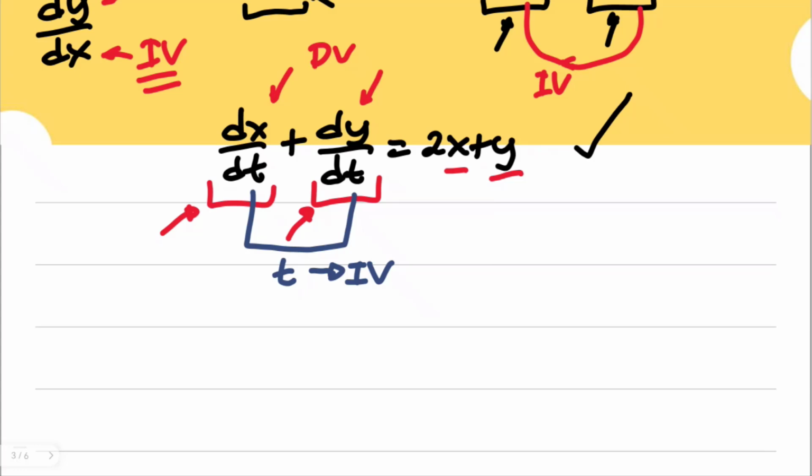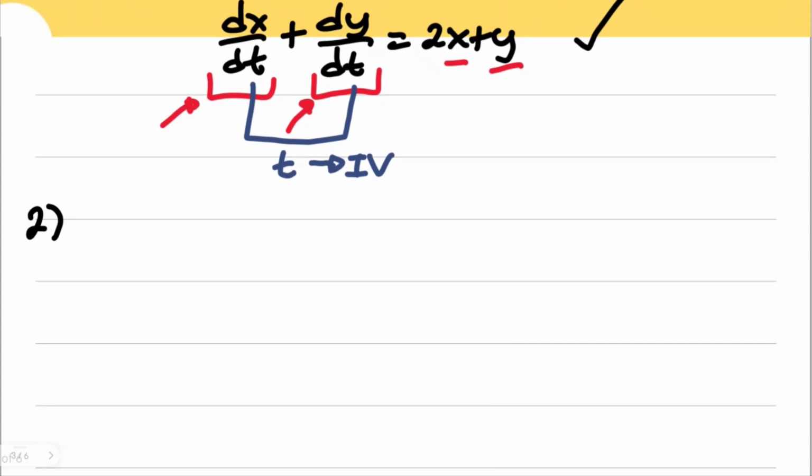Now, to differentiate that from the second form, we call it partial differential equation.